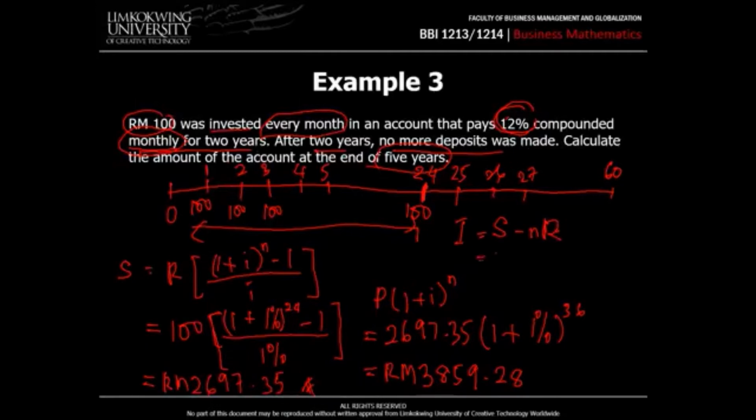The future value here is 3859.28 minus n times R. What is n here? How long has the interest been charged? Oh, 24.